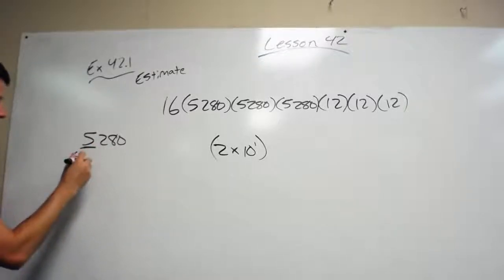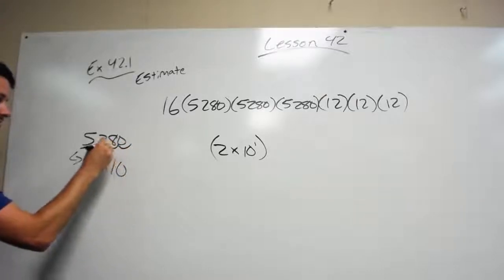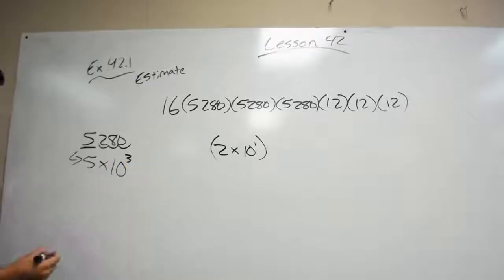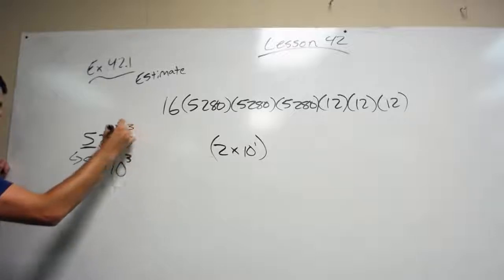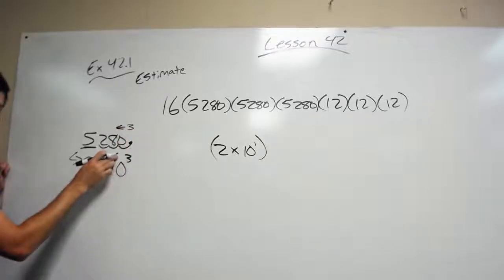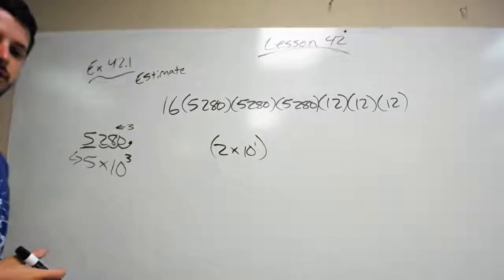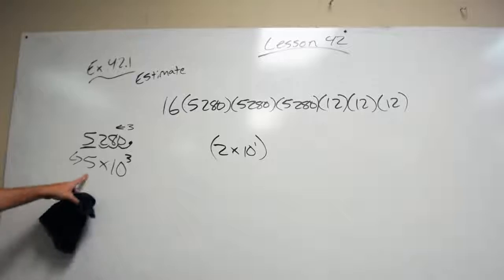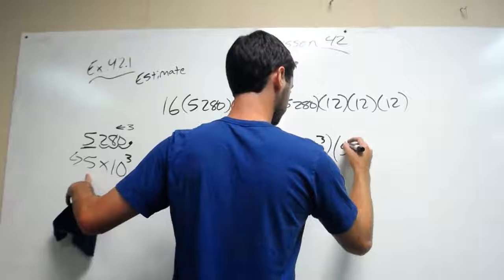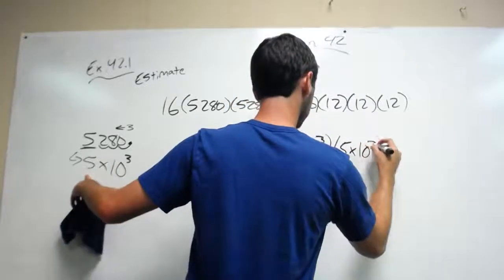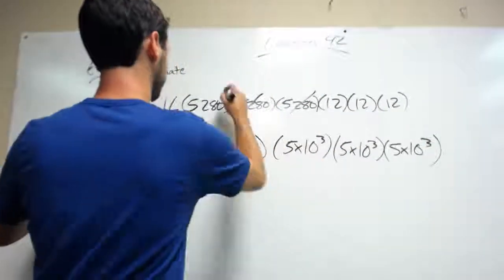So we would say 5 times 10 to the third power, because we move the decimal 3 places. So we would say 5 times 10 cubed, 3 times, since there are 3 of them. It's just kind of monotonous, not really difficult.